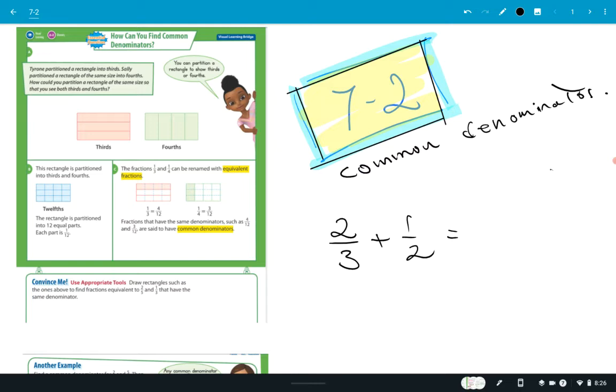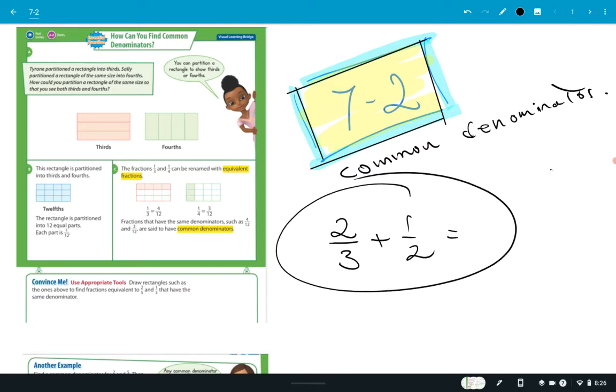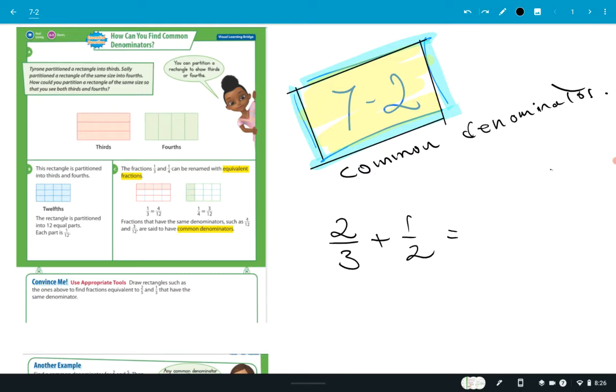And the easiest way to find a common denominator is to multiply the denominators. So what are the denominators in 2/3 and 1/2? It's 3 and 2. What's 3 times 2? 6. 6 would be the common denominator.